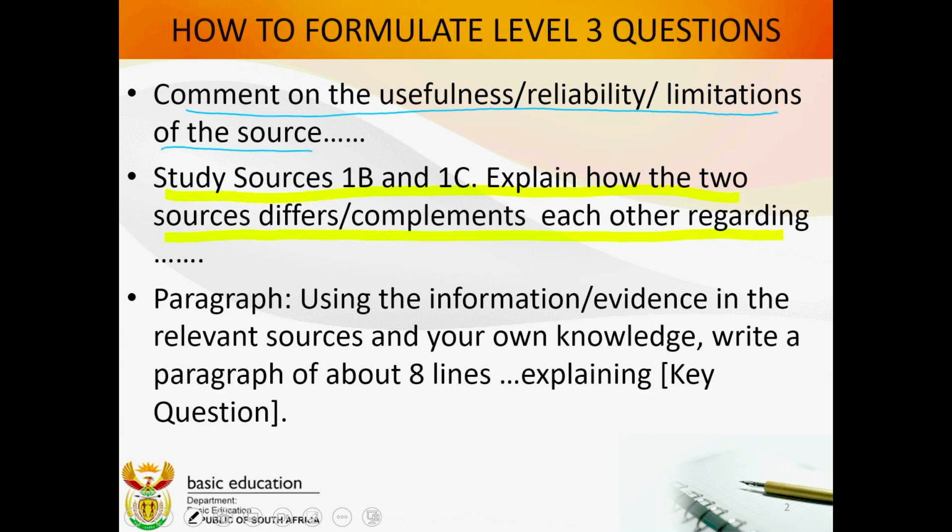We don't count words to show that really it is 80 words. So this is just a guide. Using all sources and your own knowledge, write a paragraph of about 8 lines explaining the successes of the Marshall Plan. Is 8 marks.